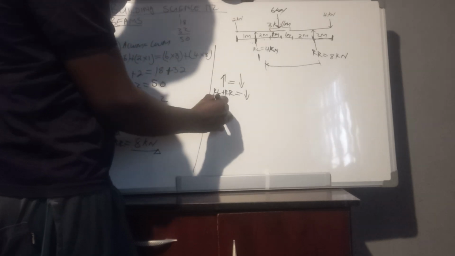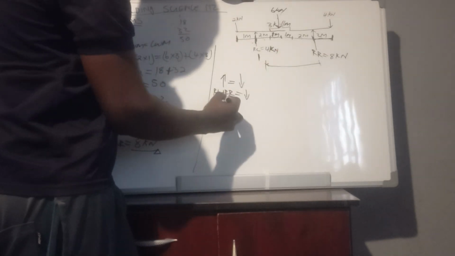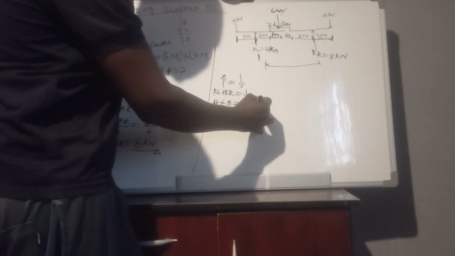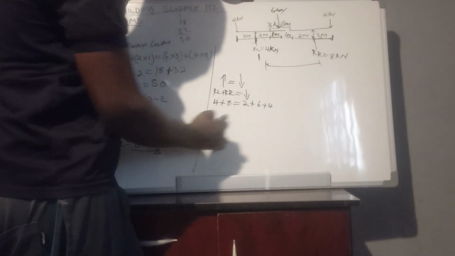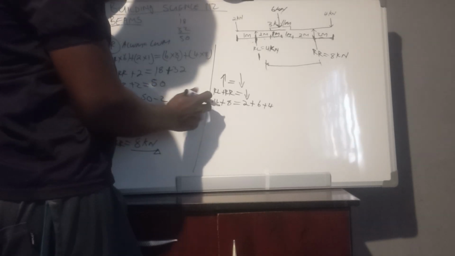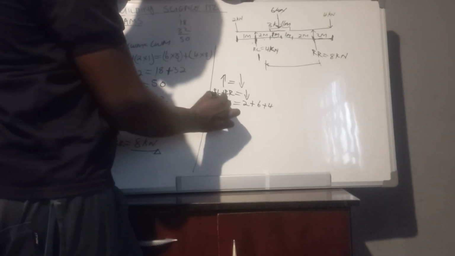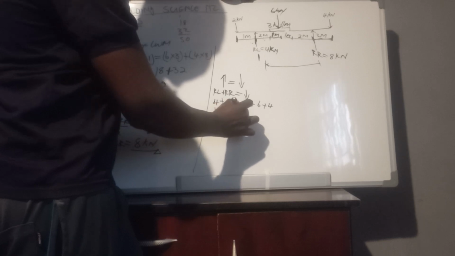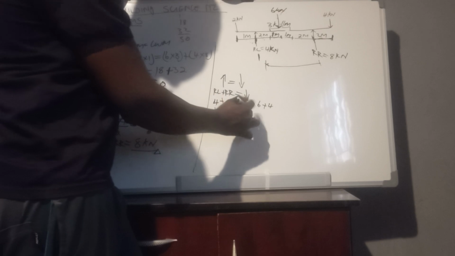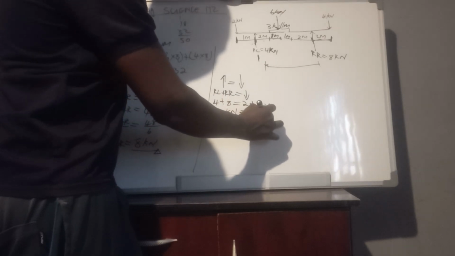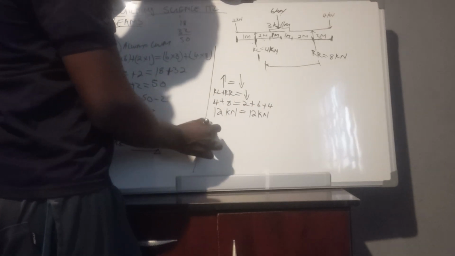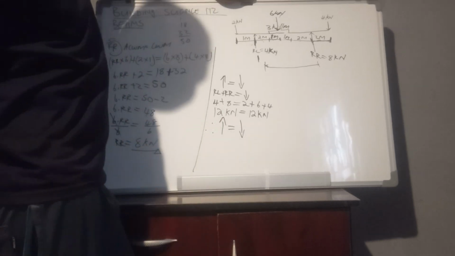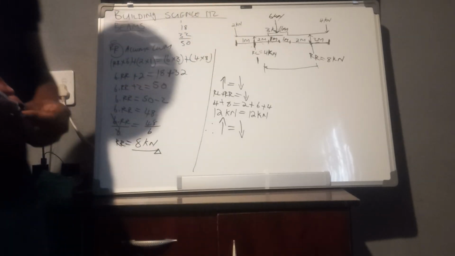You're going to say 4 plus RR, 8, is equal to the downward force, which is 2 plus 6 plus 4, right? 4 plus 8 is 12 kilonewton, which is equal to 2 plus 6 plus 4, 12 kilonewton. Therefore upward is equal to downward. That's it. All the best. Thank you for your time.